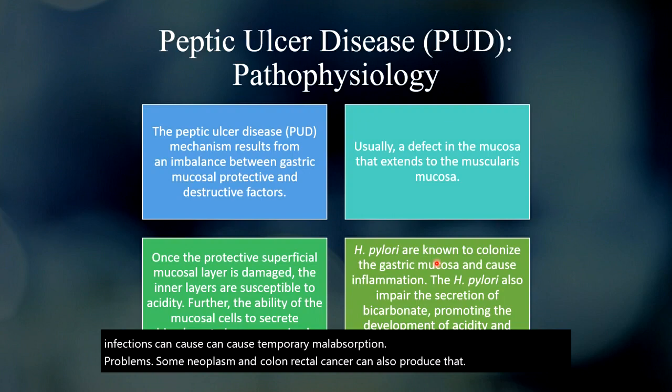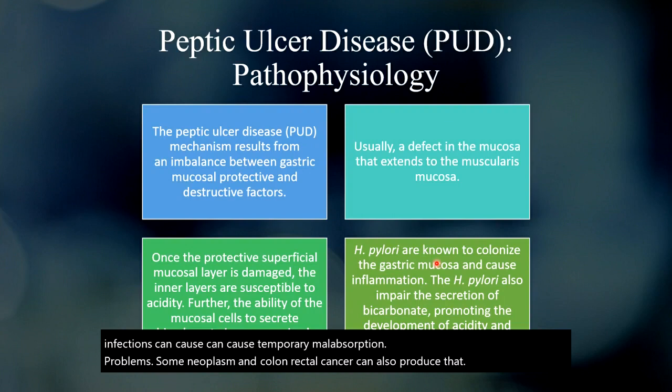So peptic ulcer will result usually through an imbalance between gastric mucosal protective factors, or mucosal glands, Brunner glands in the case of the duodenum, and destructive factors. When we talk about what an ulcer is, the ulcer can extend up to the muscularis of the mucosa.